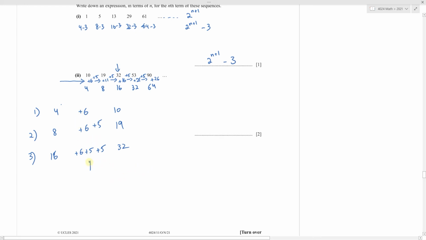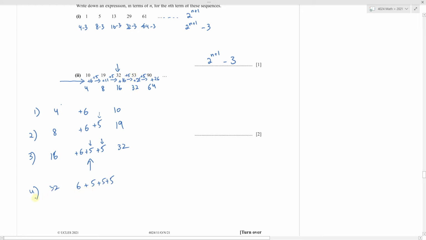So let's look at this now. For the first value, you didn't add 5 at all. For the second value, you added 5 once. For the third value, you added 5 twice. For the fourth value, you will add 5 three times to this 32.